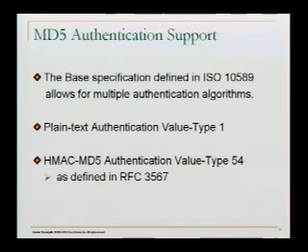The base specification of ISO 10589 allows multiple authentication algorithms, and the popular one is plain text, which is 1. And they have introduced via RFC 3567 a new MD5 type value, which is 54.